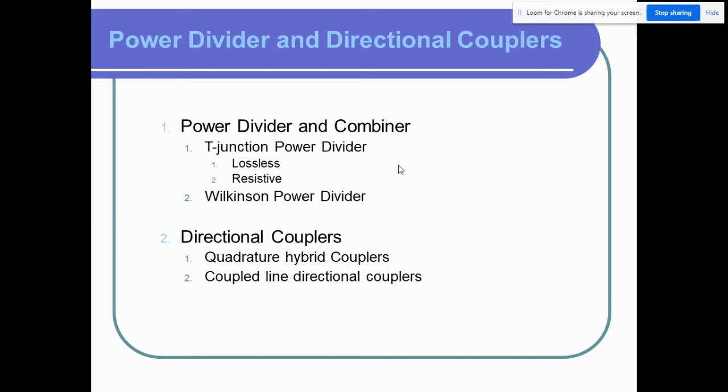So directional couplers have two types of designs, which is quadrature hybrid couplers and coupled line directional couplers. Usually, these two devices are very familiar in the RF sections and RF generation units.